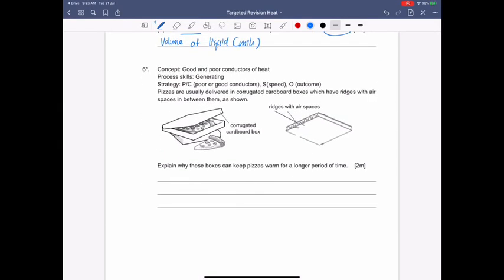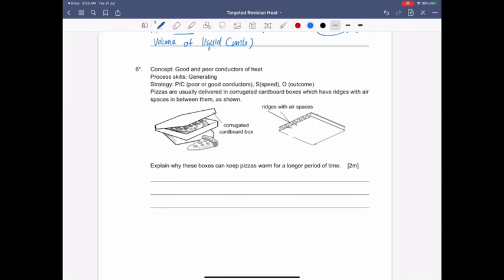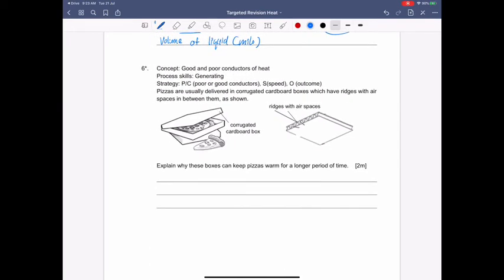Moving on to question 6. So once again, read the questions. You will realize that a lot of the time, when you see the word air spaces, it hints you to poor and good conductors of heat.